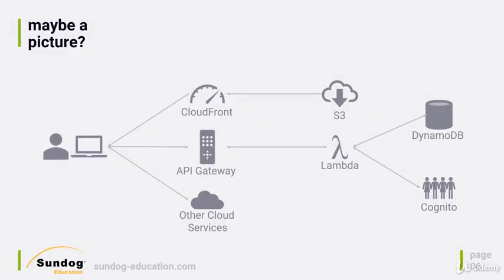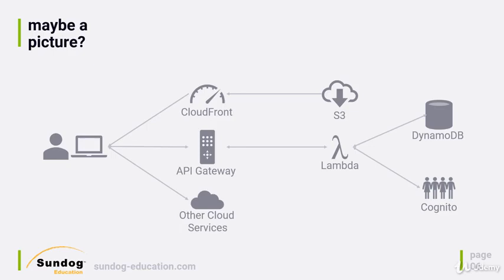Maybe a picture would help make it more clear. So let's take a look at this. Like I said, the actual static content, the HTML, JavaScript, and CSS, will just be stored in Amazon's simple storage service, and that's just a cloud-based service for storing files. Amazon also offers a content delivery network called CloudFront, that's a CDN for short, that sits in front of S3, and that basically accelerates requests to the files that you're hosting in S3.